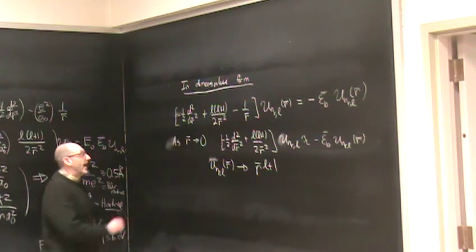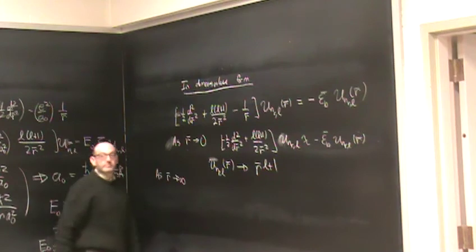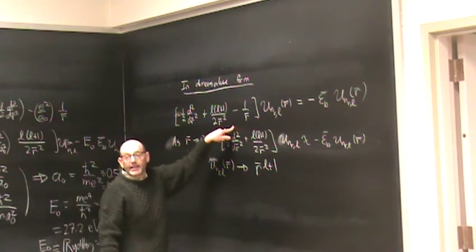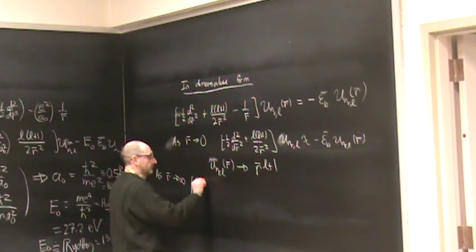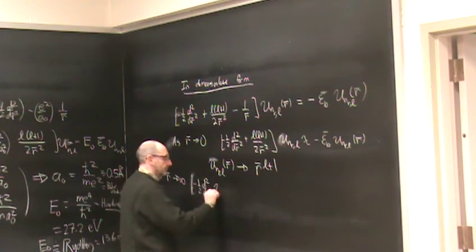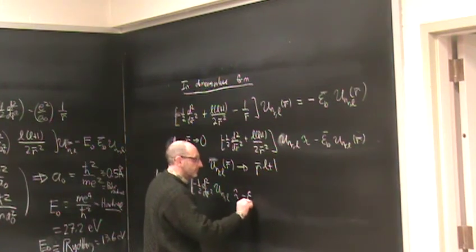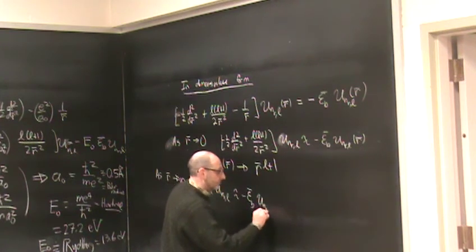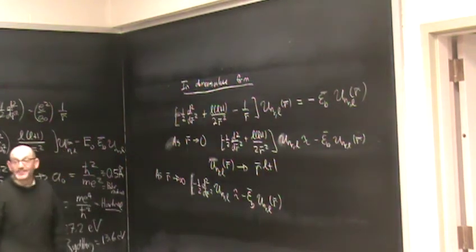What about as r goes to infinity? As r goes to infinity, the potential is tiny, so we can just ignore it. That's an equation we can actually solve.